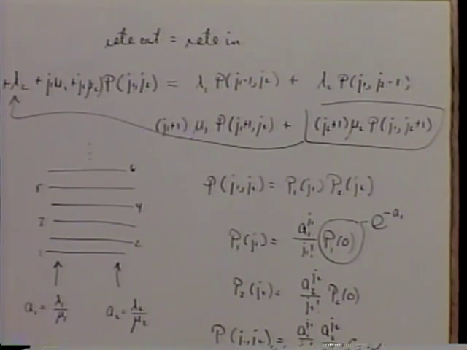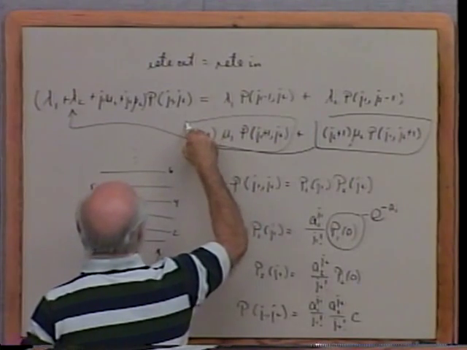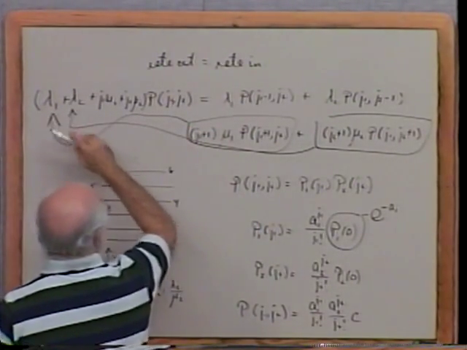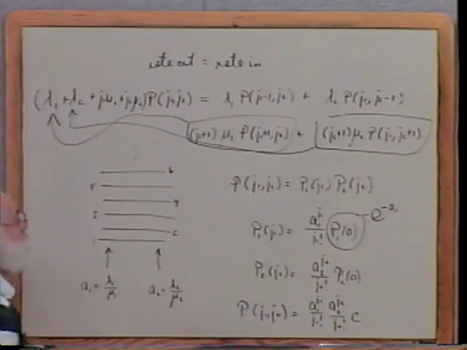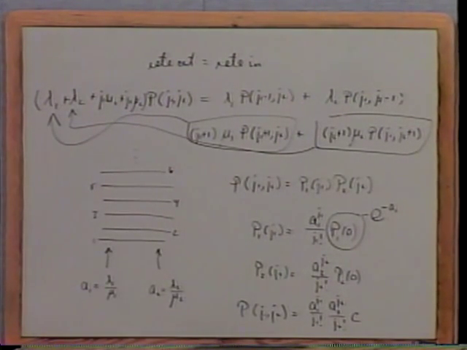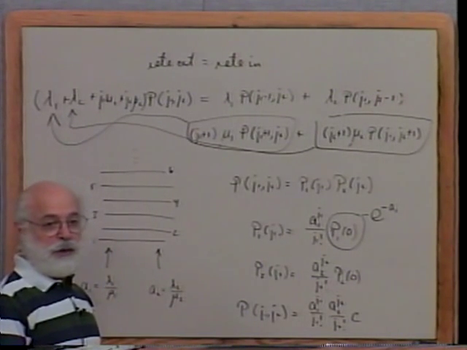But now it's easy to see that this one will cancel with this one, and this will cancel with that, and this will cancel with that, and I'm home free. So we already knew it was a solution. That is, we knew that the sum of the terms on the left and the sum of the terms on the right had to be equal, because that's what you mean by a solution.